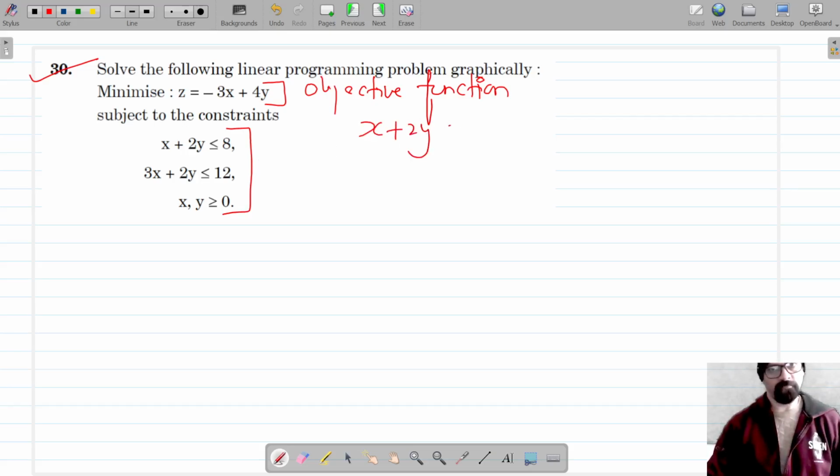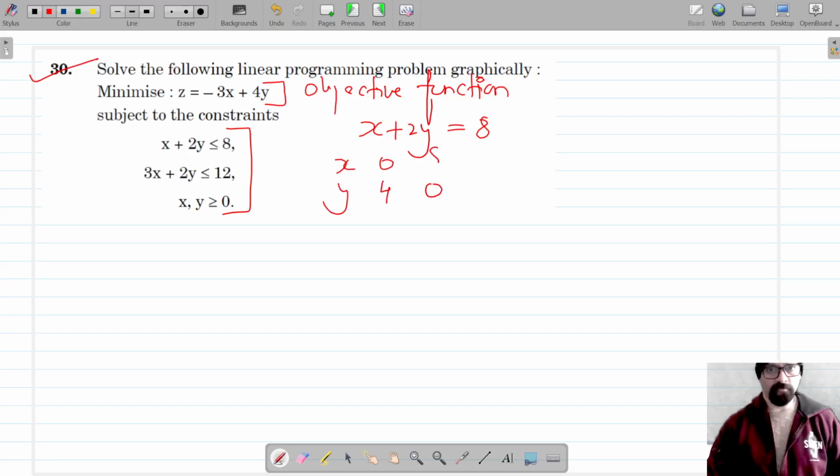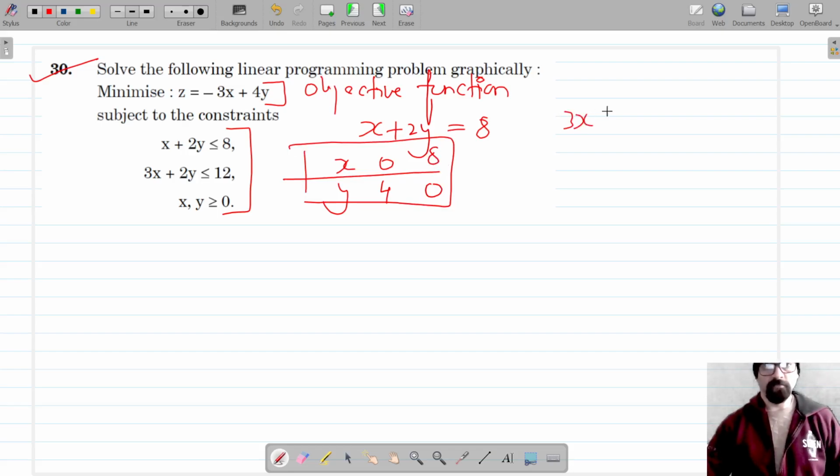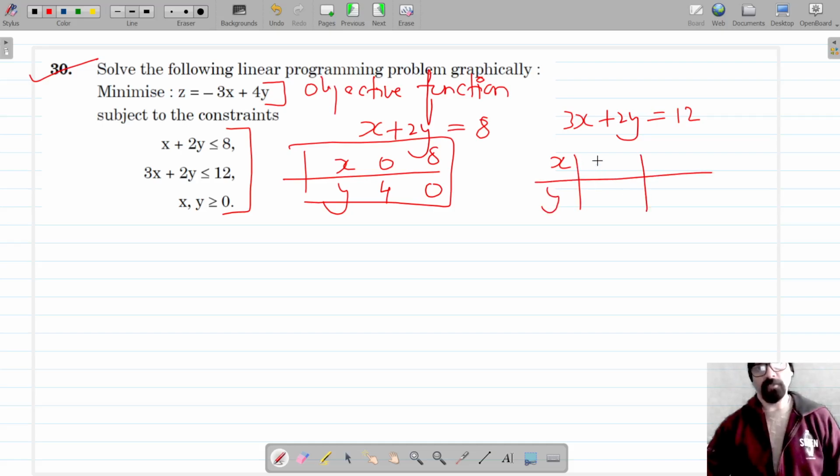For x plus 2y is equal to 8, the points are when x is equal to 0, y is equal to 4, and when y is equal to 0, x is equal to 8. And similarly for 3x plus 2y is equal to 12, our coordinates would be when x is 0, y is 6, and when y is 0, x is 4. So these are the coordinates for this.